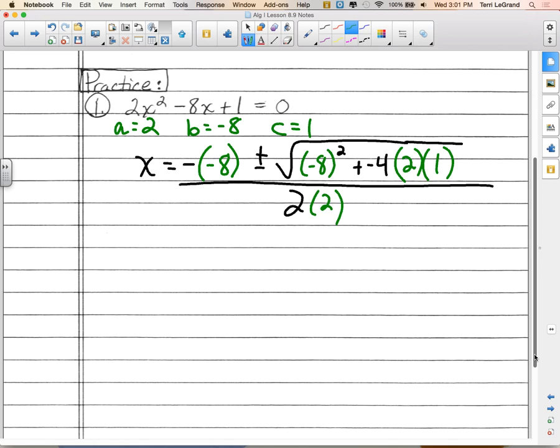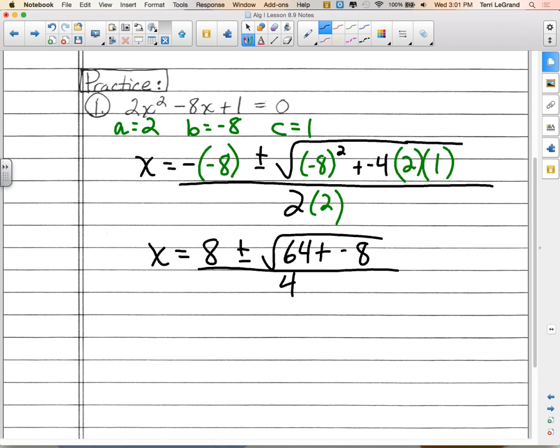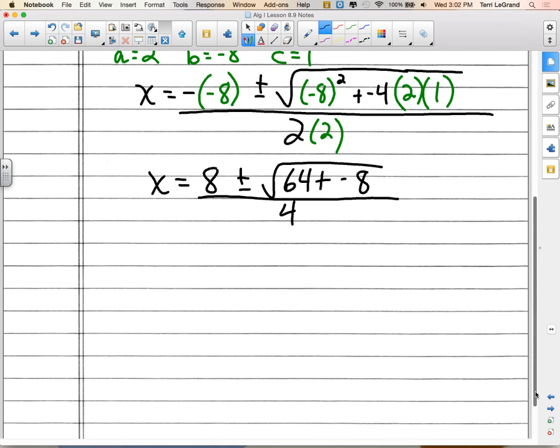Okay, now when we get rid of all those parentheses, what's the opposite of negative 8? 8. Negative 8 squared is 64. Plus negative 4 times 2 times 1, negative 8. And 2 times 2 downstairs is 4. In that next step, what's the only thing we do, Justin?